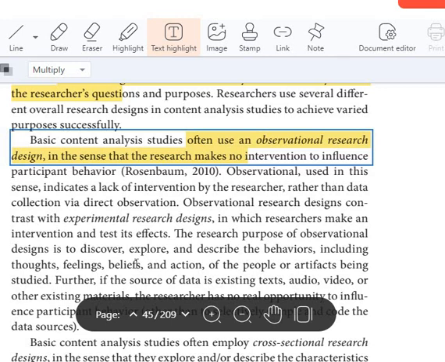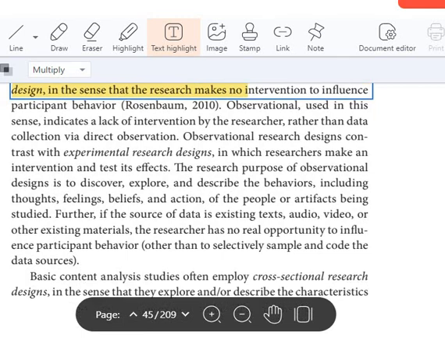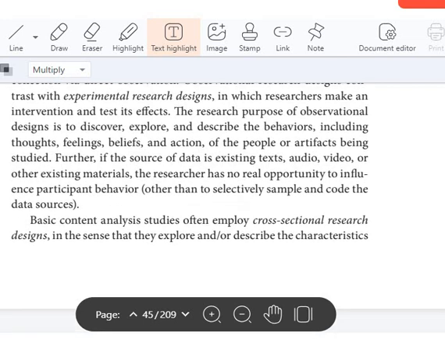You want to describe or explore the beliefs, feelings, actions of people. So the source of data is the existing texts or audio or video or other existing materials. So we're not talking about printed materials. It can be audio, it can be video. Okay, the source, and here the researcher has no real opportunity to influence the participant behavior.